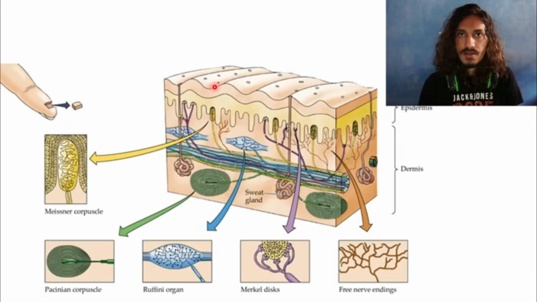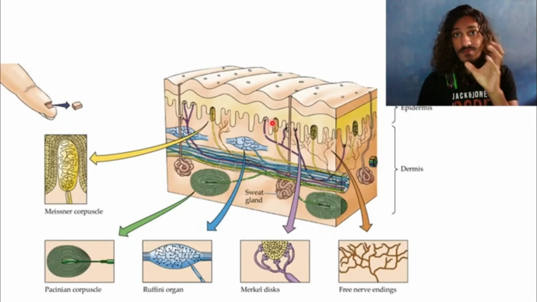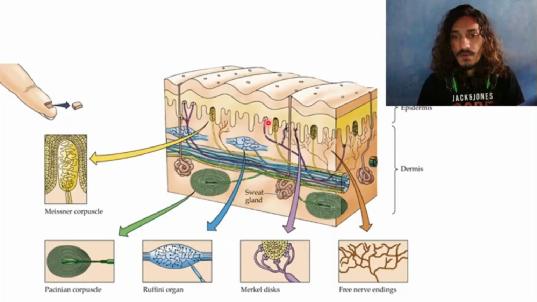The epidermis has many layers. In the basal layer of the epidermis, you have your Merkel's disc that forms the Merkel's complex. Remember, a complex is a sensory organ with non-neuronal tissue along with the sensory receptor. So it forms a Merkel's complex over here.